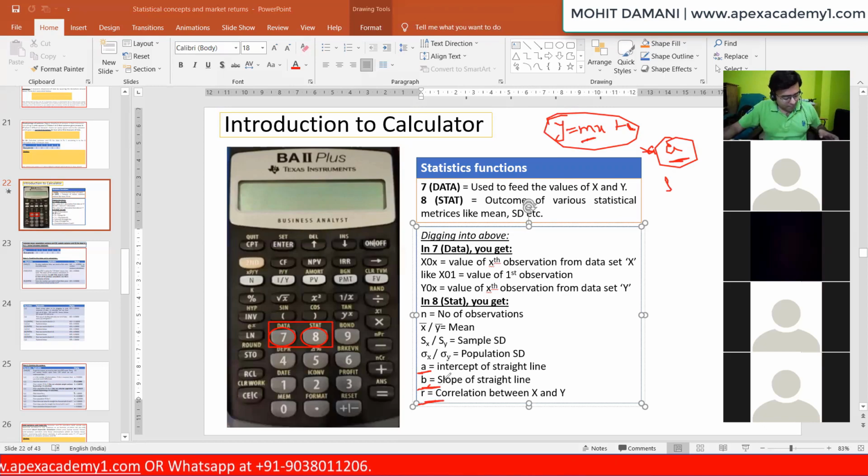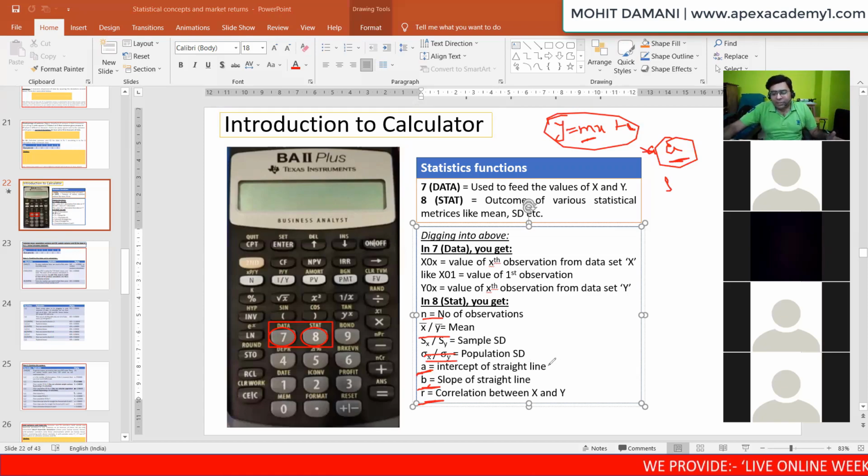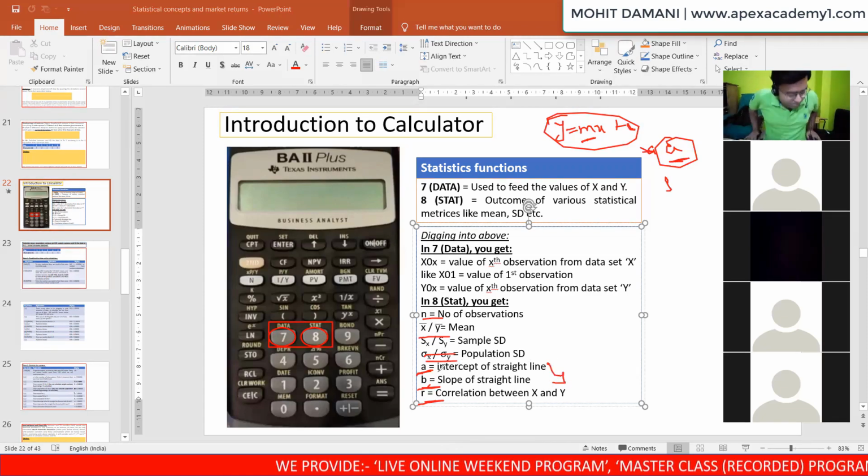So this is what outputs you get from this function: n, x mean, y mean, sample SD, population SD, and all these things. These two, a and b, you will not be using, but you also get them.